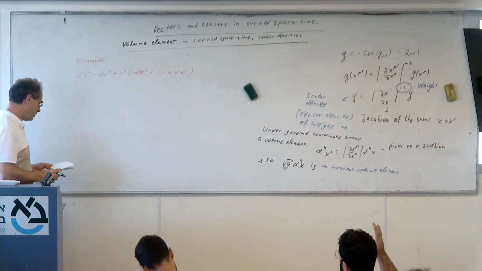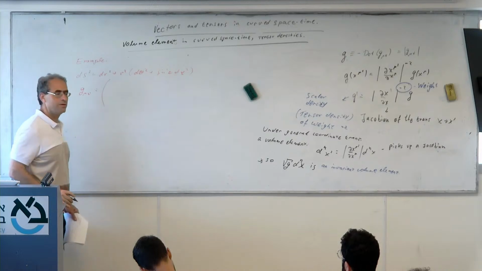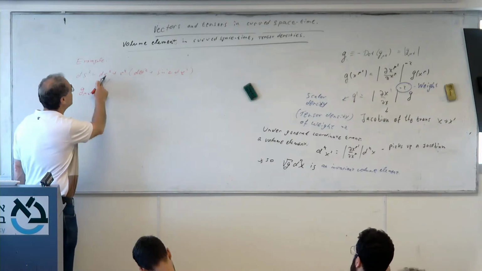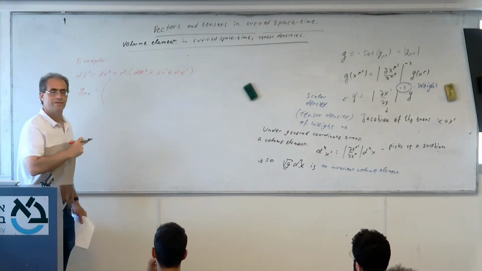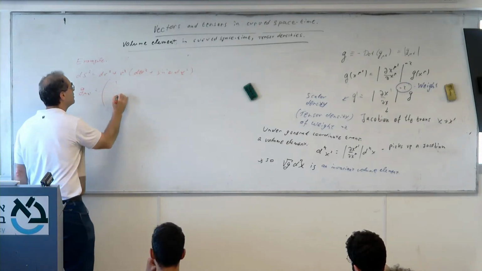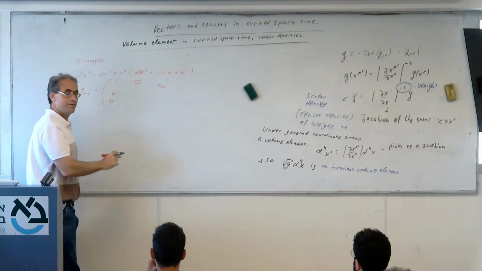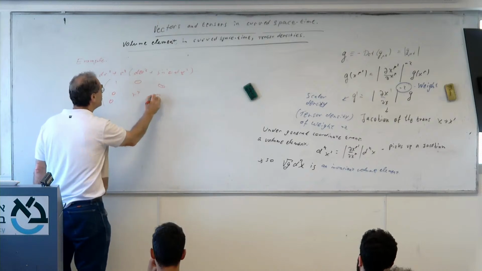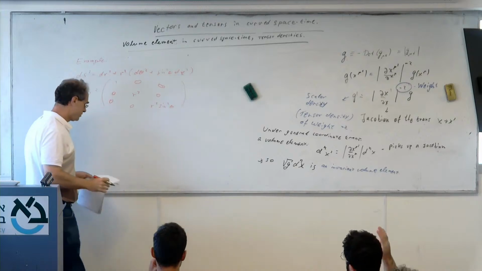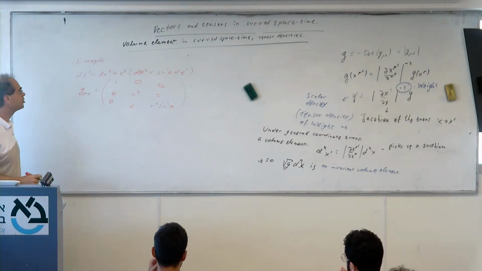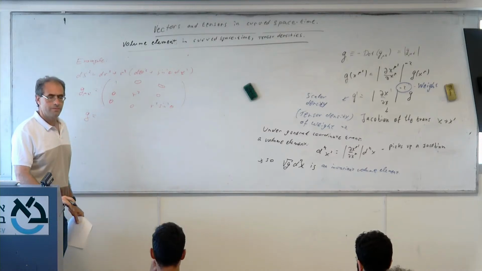So if I want to write, what is the metric g mu nu? It's diagonal, of course it's diagonal. You only have parts on the dr squared, d theta squared, d phi squared. So 1, here r squared, here r squared sine squared theta. Just a second. So what is G, the determinant of this matrix? R to the 4 sine squared theta.